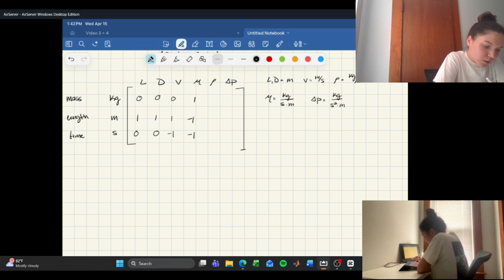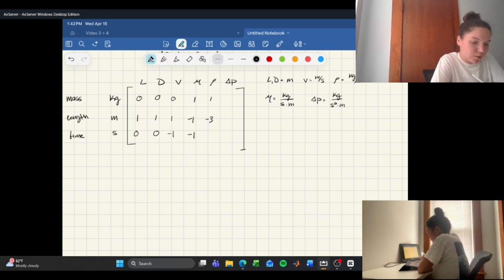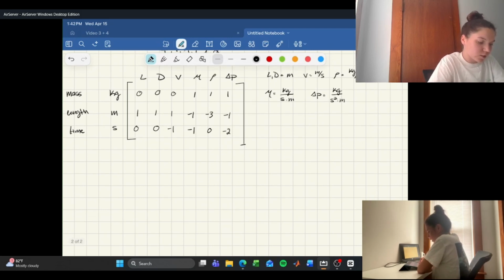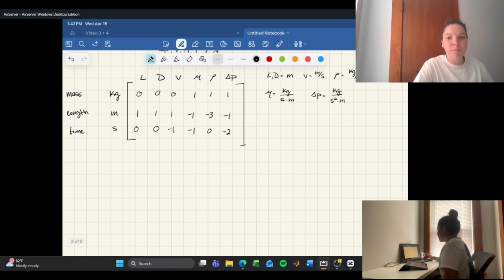For density, kilograms in the numerator, and the denominator is meters, so it's negative, and 3 is because meters is to the 3rd power, and this has no relation to time. And then for the change in pressure, we have kilograms in the numerator, meters in the denominator, so that's -1, and then the seconds in the denominator to the 2nd power, so that's -2. So here's the matrix for this scenario.